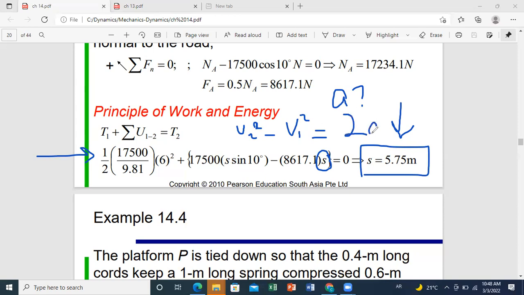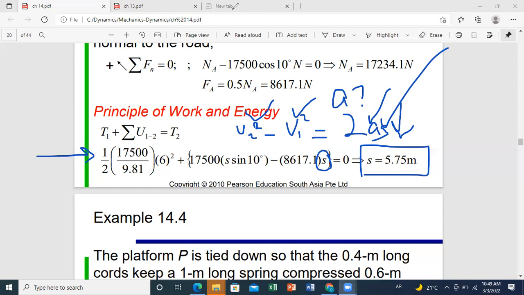Since the only unknown is s, because v2 and v1 are given and I calculated a, you can get s. So you can always use several chapters to solve the same problem, but here it is easier because you need one equation in addition to sum of forces along y equals 0, instead of 2. Any question on this?